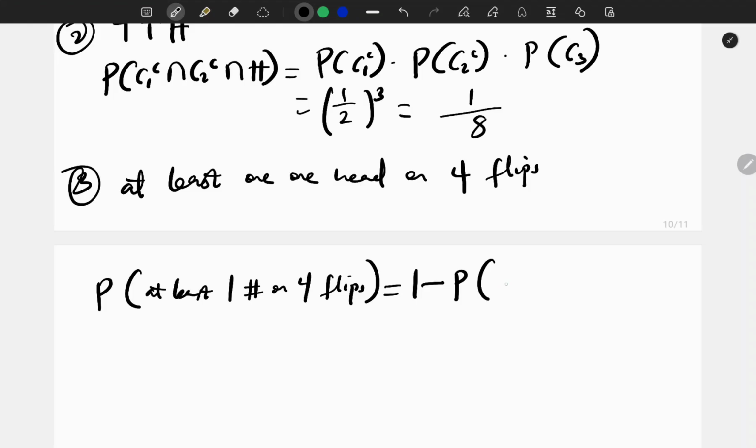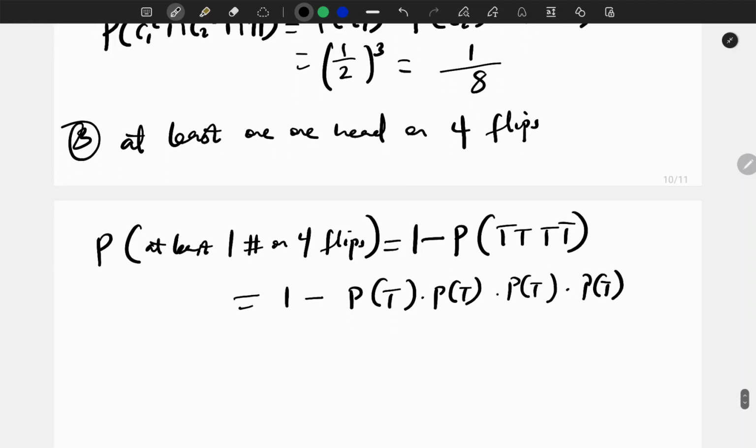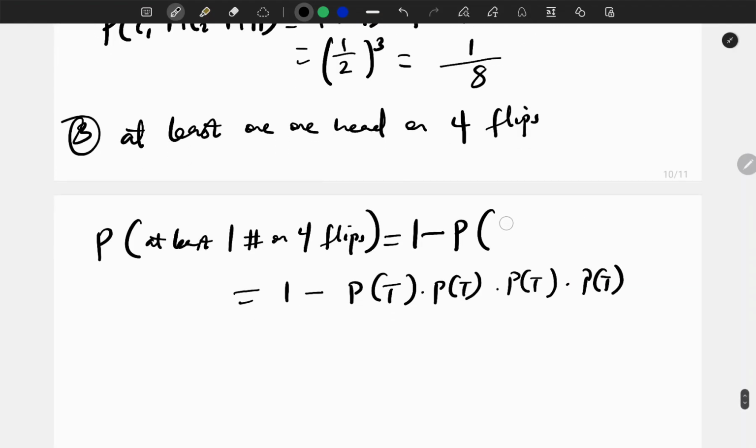No head on the four flips means that we have T, T, T, T. And that equals 1 minus the probability of T times the probability of T times the probability of T times the probability of T. And actually, we should represent this as C1 complement intersection C2 complement intersection C3 complement intersection C4 complement.